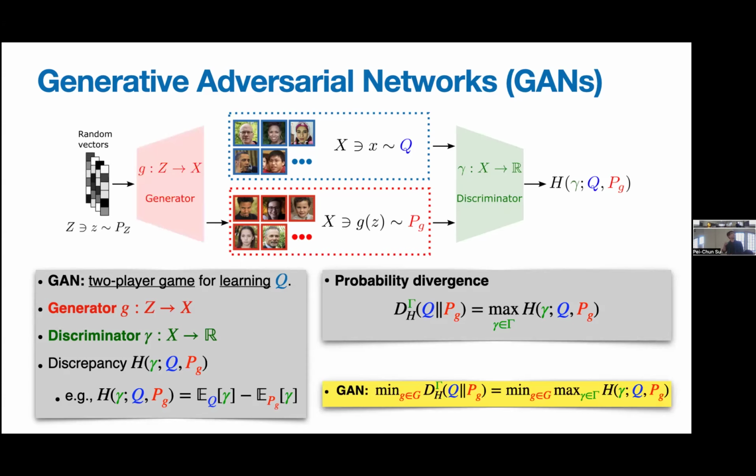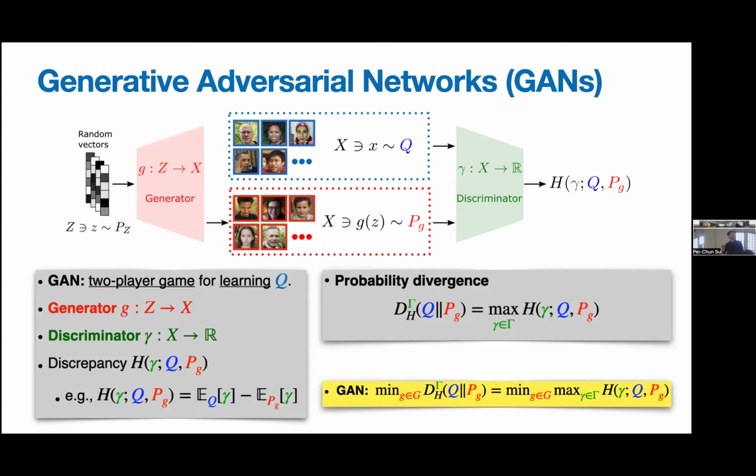If you want to formalize the mathematical objective of this GAN framework, what you really want to get is the minimization of the probability divergence of the discriminator part. So you want to find the best generator such that the discriminator can hardly distinguish between the generated distribution and the target distribution.